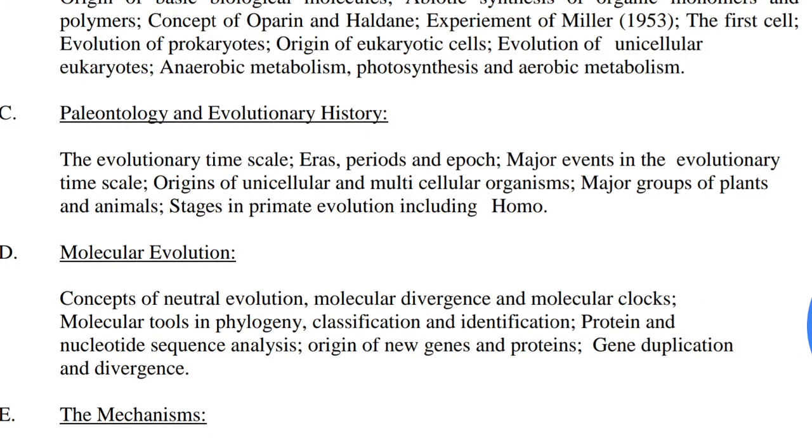In CSIR, they regularly ask from this section, so you have to understand everything: how the time scale is, how the eras, periods and epochs are divided, and what major events happened in that period or epoch. Come to the origin of unicellular and multicellular organisms. These two things you can find in the microbiology book. Major groups of plants and animals you can read from taxonomy.